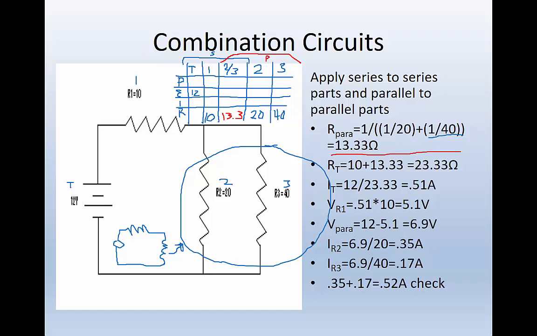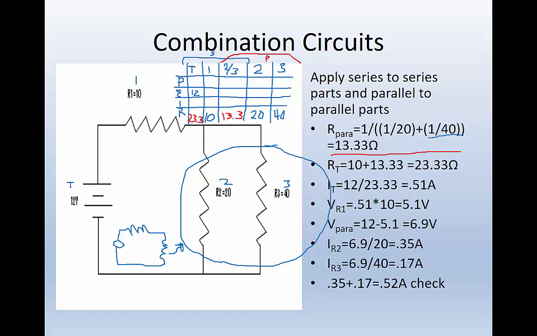Now, if we look at just the series portion, so total, 1 and 2, 3, I've got 2 sets of resistance and a total. I can add those together to get this part right here. And that's going to give me 23.3. Kind of sort of there. Again, sorry for this. I will go over these in class again as well.